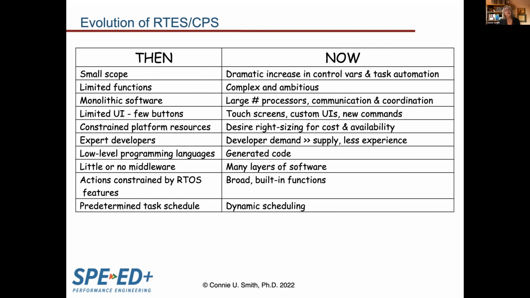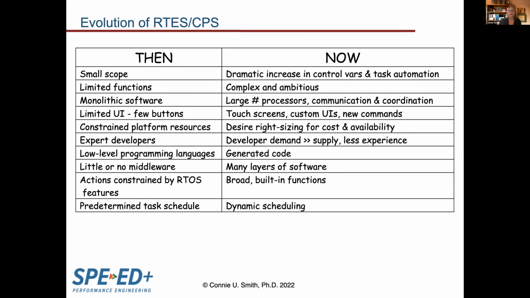And at that time we had small scope, limited functions, monolithic software. It was actually relatively simple software. We had people doing the development who were quite experienced at what they did. They were writing in low-level programming languages with little or actually no middleware back then. And the real-time operating systems were fairly simple as well.